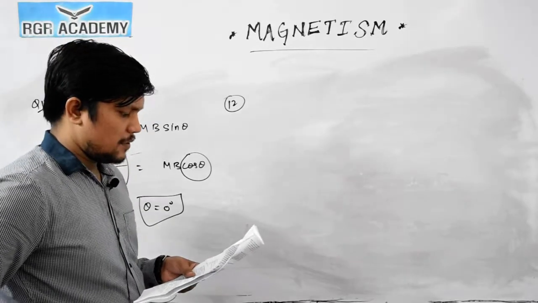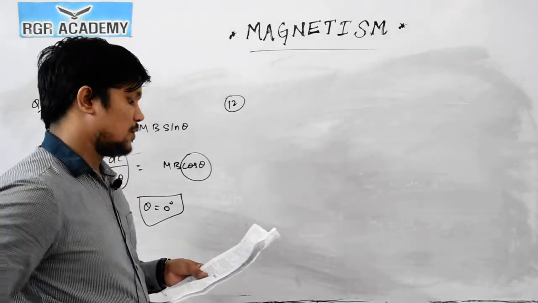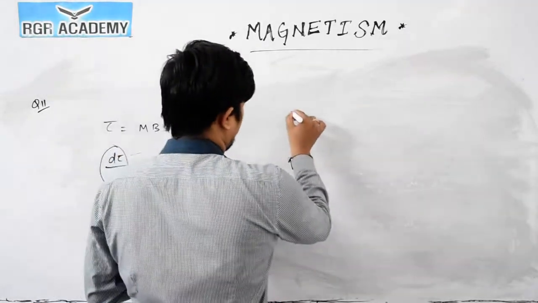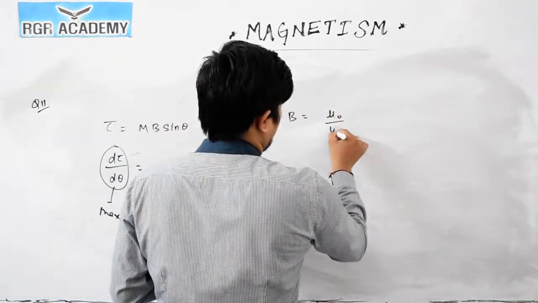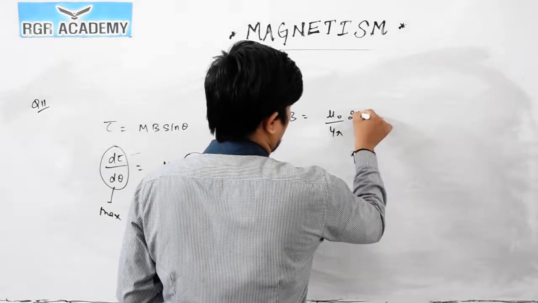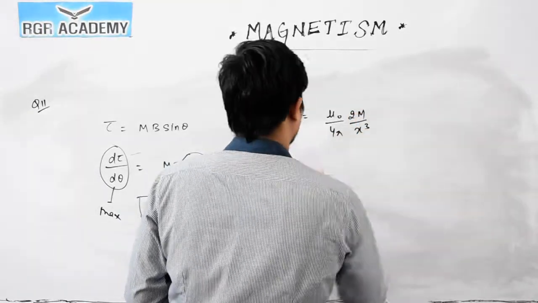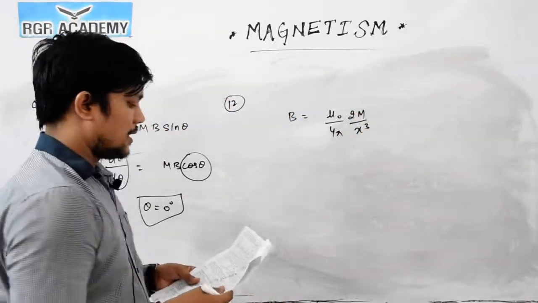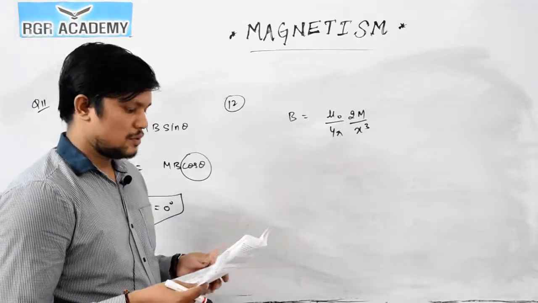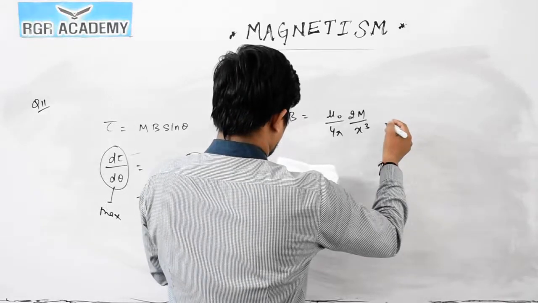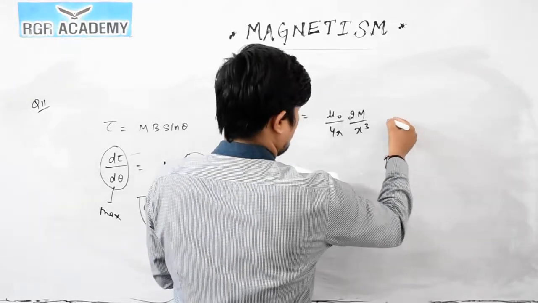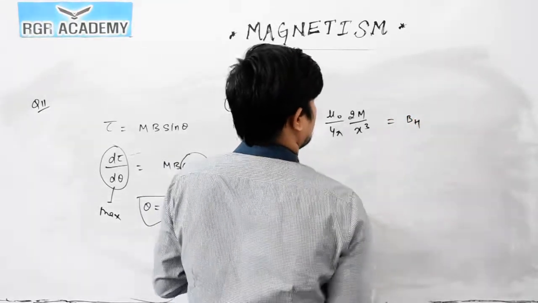We know that the magnetic field due to the magnet is given by mu naught by 4 pi 2m by x cube, and at the null point it should equal the horizontal component of the earth's magnetic field, that is BH.